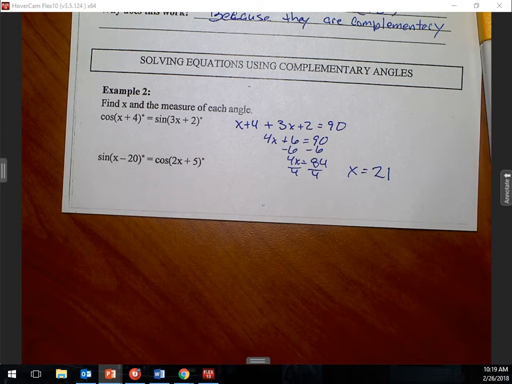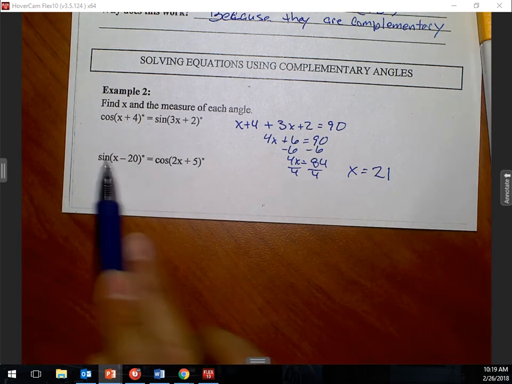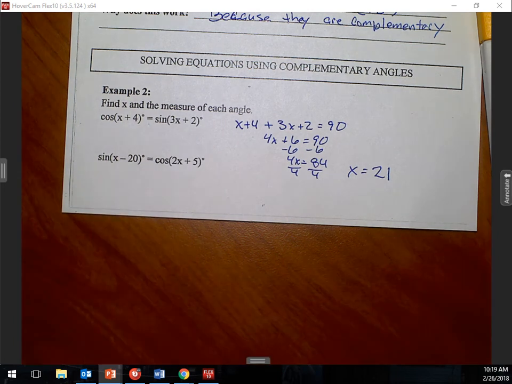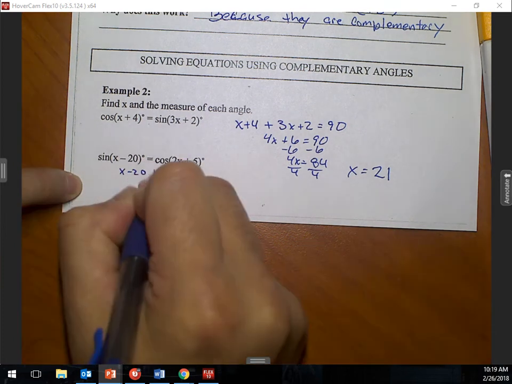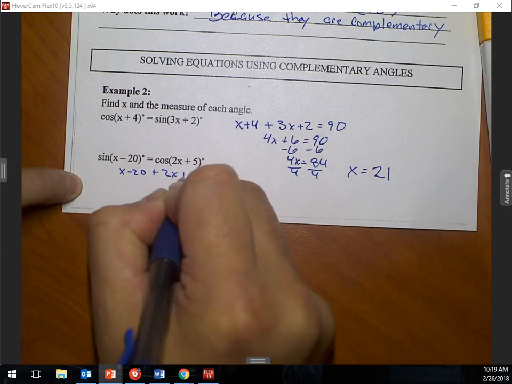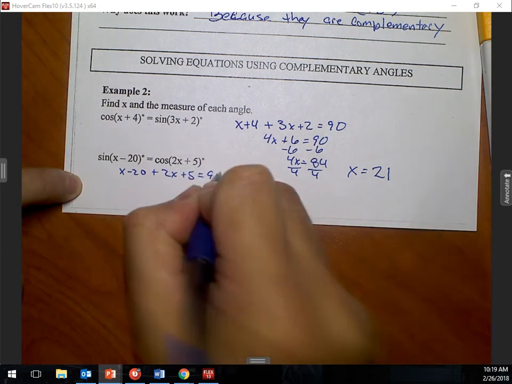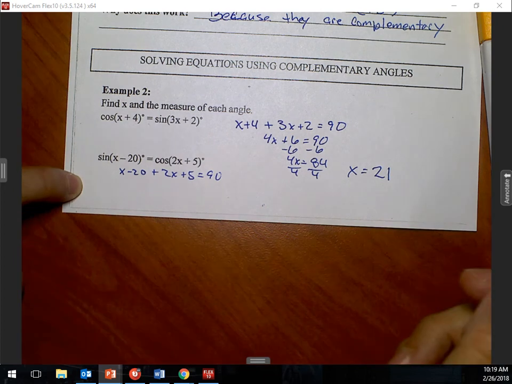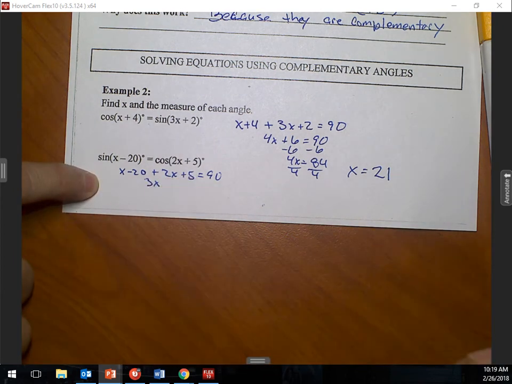Is that pretty easy? Okay, so now, same thing. There's an equal sign here, right? Sine and cosine, they're complements of each other. So, I would set this one up the same way. x minus 20 plus 2x plus 5 all equals 90. Very good. How many x's? 3x plus 25?